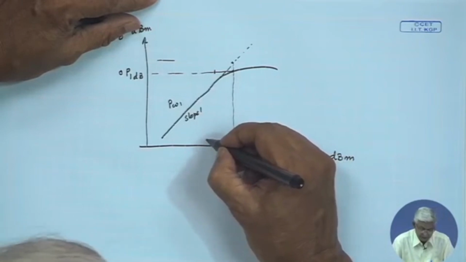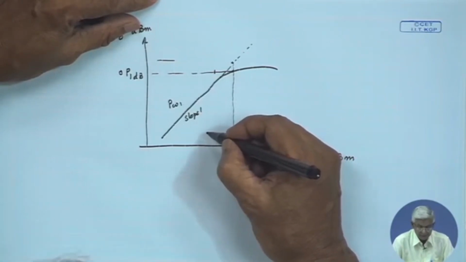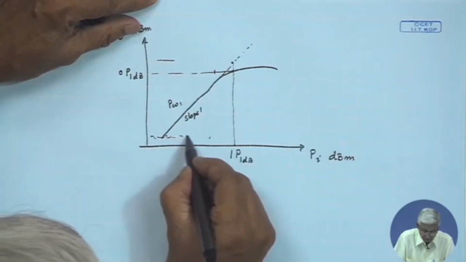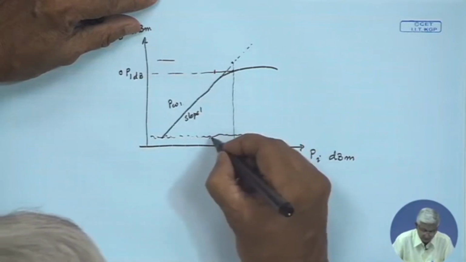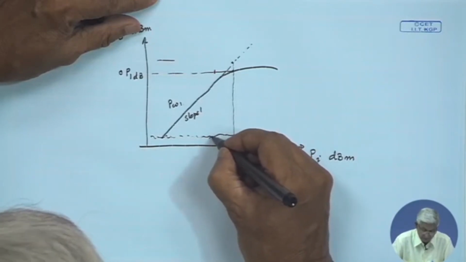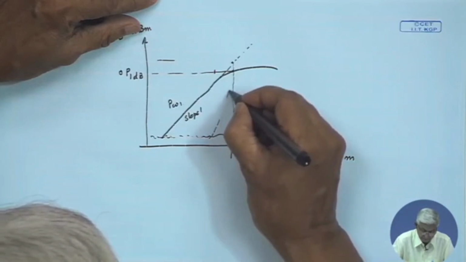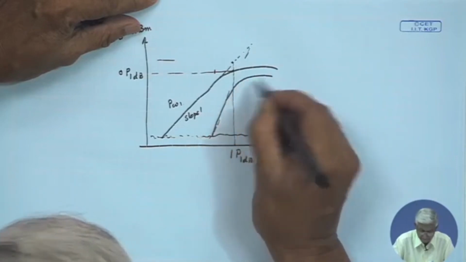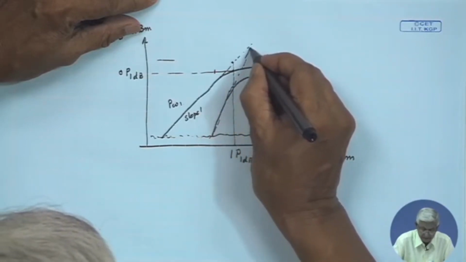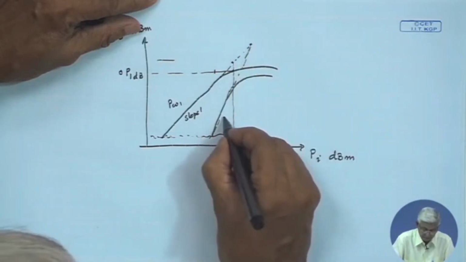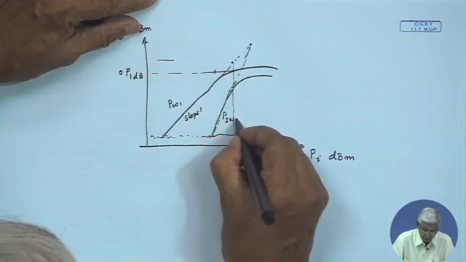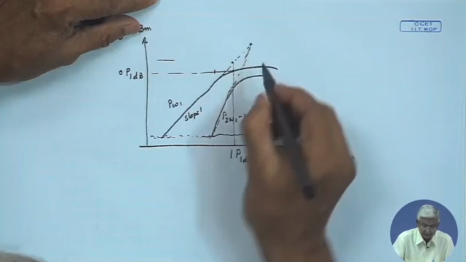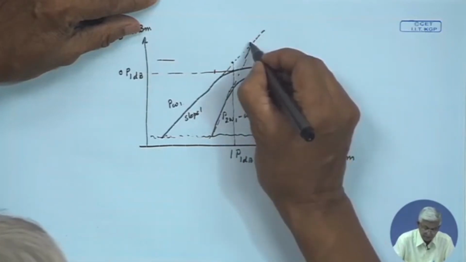Now, the third order term, since it is a cube term, it is a slope of 3. So, when it starts coming out of the basic noise level, it goes up with a much higher slope. So, I am extending the linear part of that, which is P, let us say 2 omega 1 minus omega 2 power curve, which is virtually meeting at some point with that fundamental term.